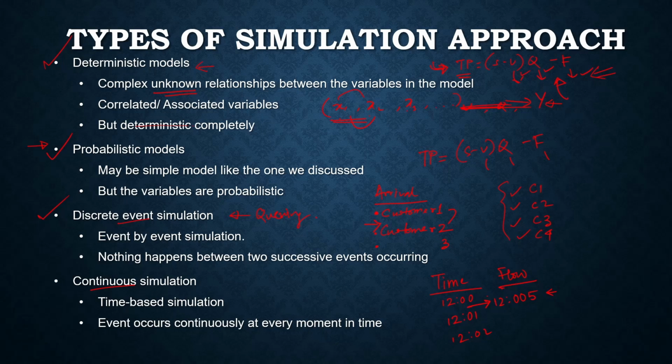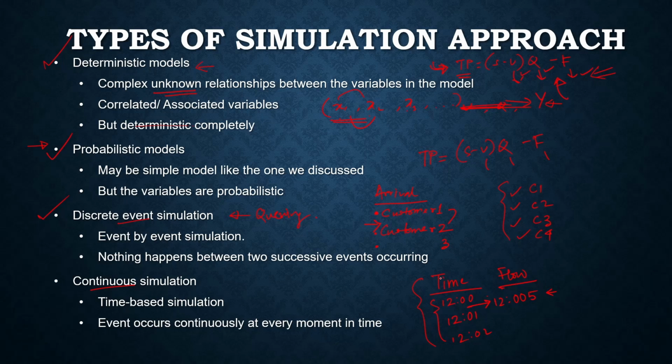So it is never discrete in nature. The flow or the arrivals or whatever the process is happening continuously throughout the time, and we don't have any other measures to formulate the simulation models rather than taking the time as the variable.